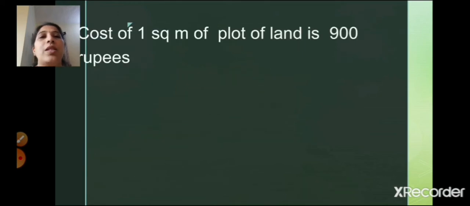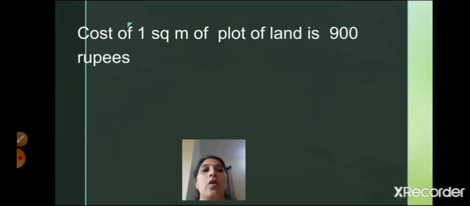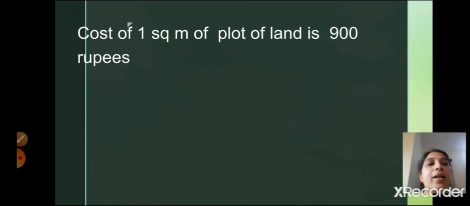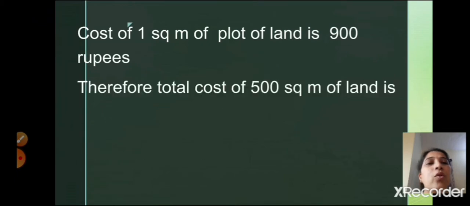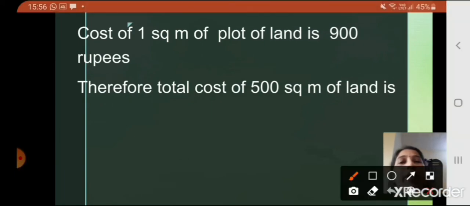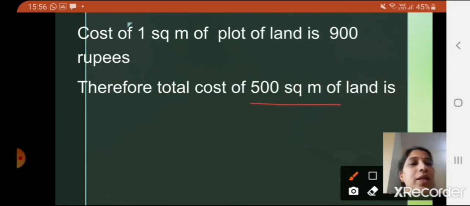Cost of 1 square meter of the plot of land is 900 rupees, right? So therefore, the total cost of 500 square meter of land is, now from where you got this 500 square meter of land? You have got it from the area of the rectangle which we calculated just now. Okay.